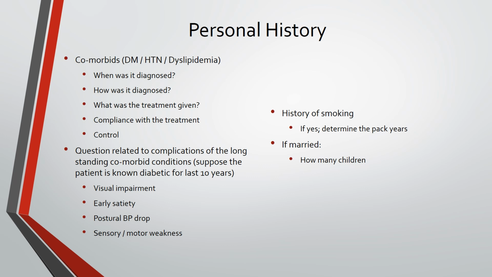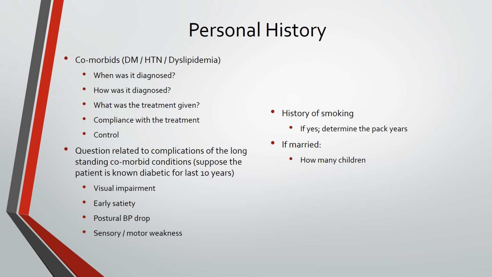And if any one of these is present, we have to ask further questions about these entities: when it was diagnosed, when treatment was started, what treatment was given, what the compliance to the treatment was, and what the control of the disease was with that treatment.